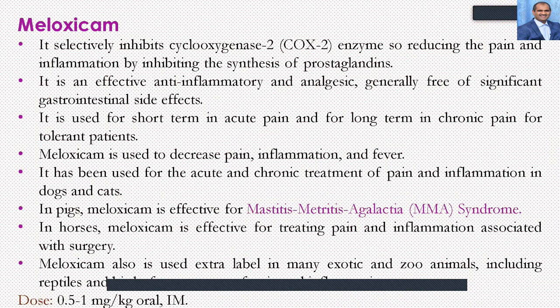So the drug is not labeled for use of meloxicam in XYZ disease, in XYZ animal, but it is used and the efficacy is broad. So this is known as extra label use. For the dose of this drug, just simply remember that whenever you are using meloxicam, it is 1 milligram per kg body weight, or 100 milligram per 100 kg body weight.